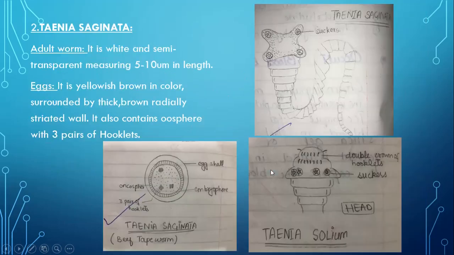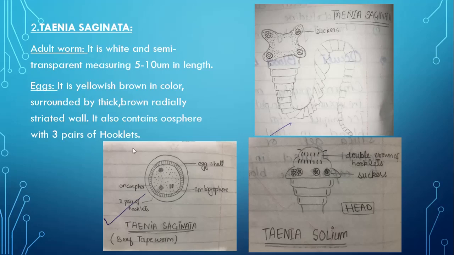So next is Taenia saginata. The adult worm is white and semi-transparent, measuring 5 to 10 meters in length. As you can see here, the head has 4 suckers, and these are the segments of the body. Then discussing the eggs of Taenia saginata, these are yellow-brownish in color, surrounded by a thick brown radially striated wall, as you can see here. It also contains an oncosphere with 3 pairs of hooklets.